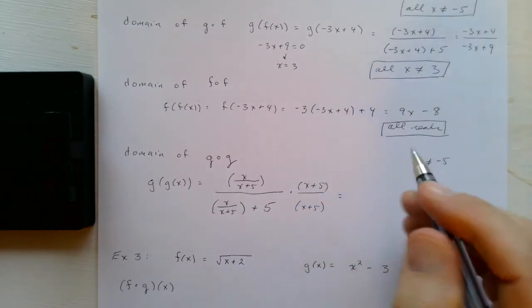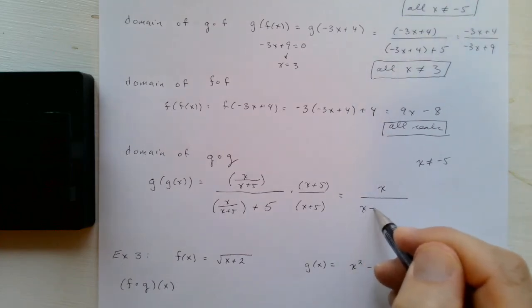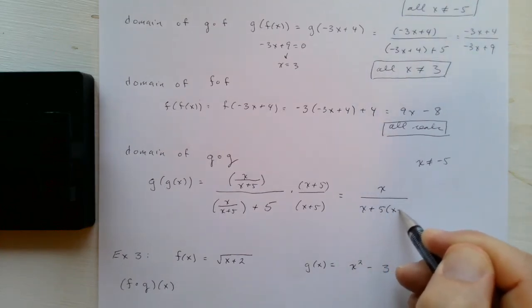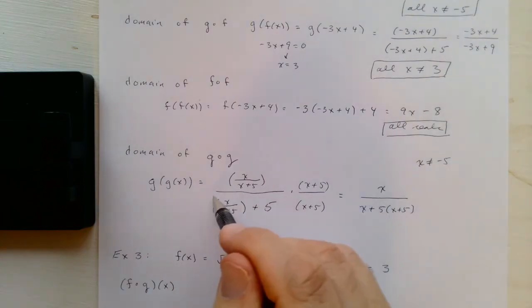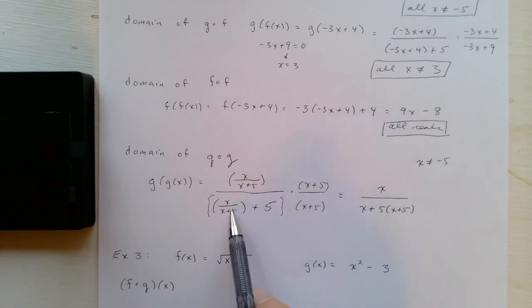If we do that, then we just get x over x plus 5 times x plus 5. What we did here is we distributed this x plus 5, times 5, is this.